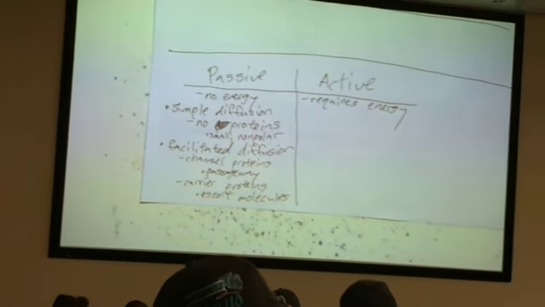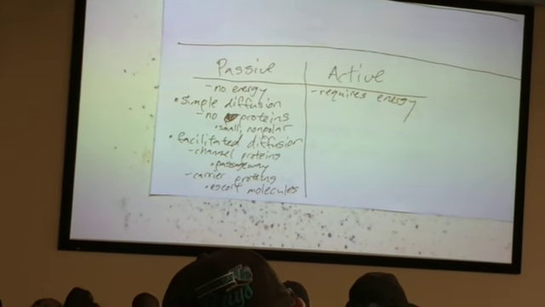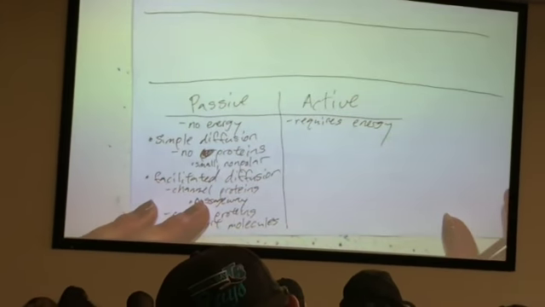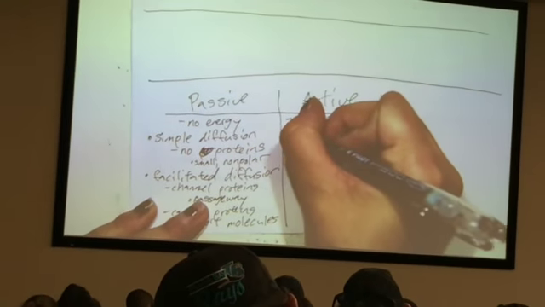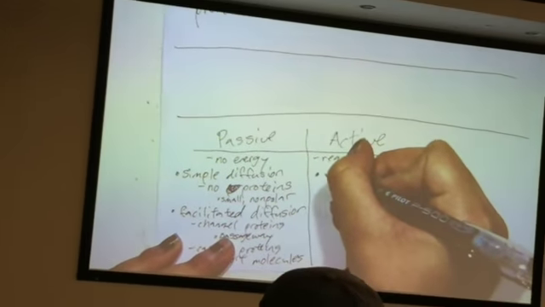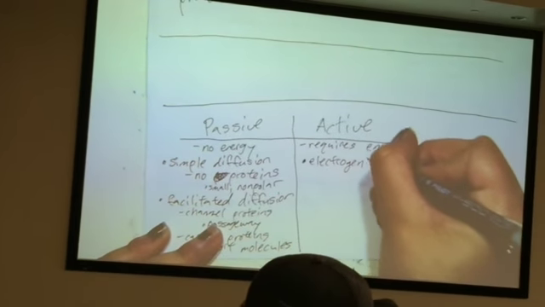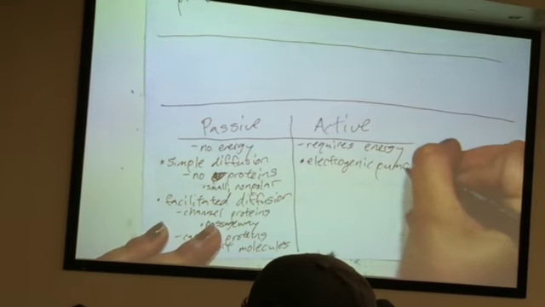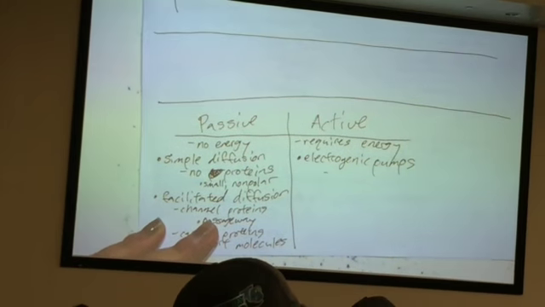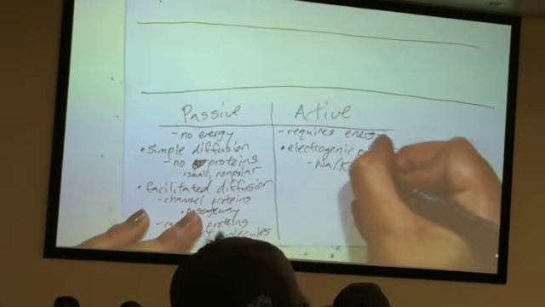Okay? I actually have a good analogy for all of this, but I just want to get all the definitions down. For active transport, these require energy. So we're looking at usually some kind of electrogenic pumps. A good example of this is the sodium-potassium pump.